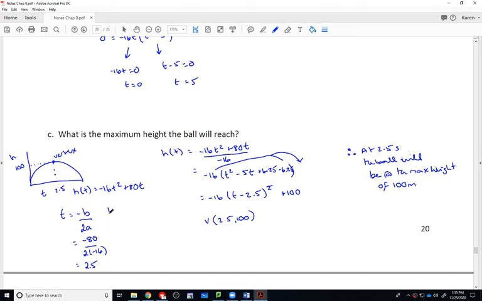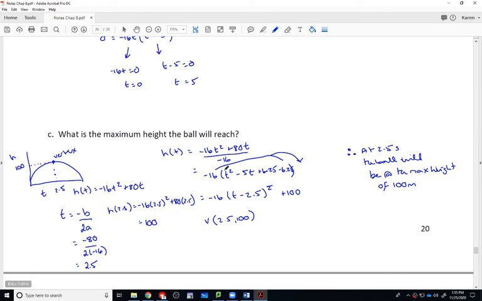And then to find the height at 2.5 seconds, you just plug in t is 2.5. And if I plug that in, I get negative 16 times 2.5 squared plus 80 times 2.5. And hopefully we get 100, and we do.